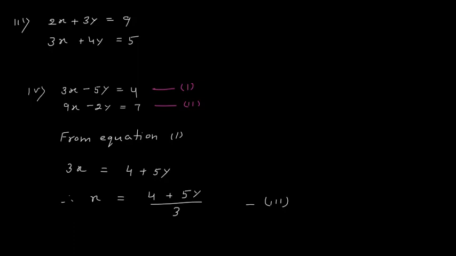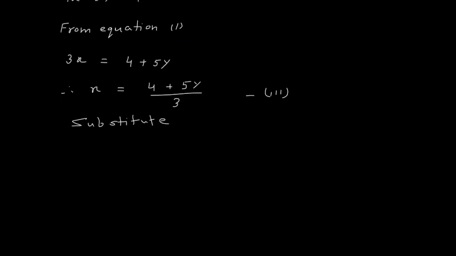Now what we will do, we will substitute x is equal to (4 plus 5y) whole divided by 3 in equation 2. So from equation 1 we got the value of x, so we substitute this in equation 2.